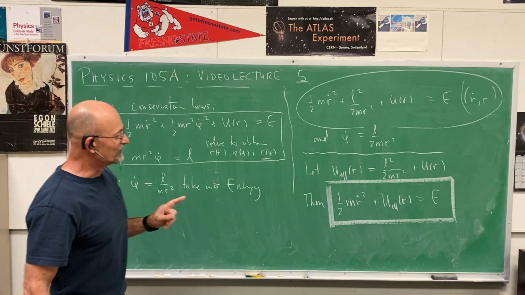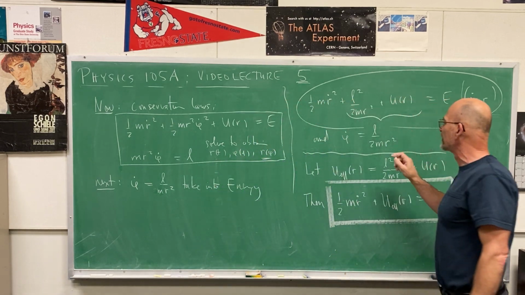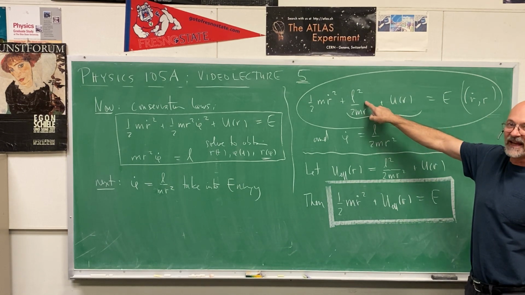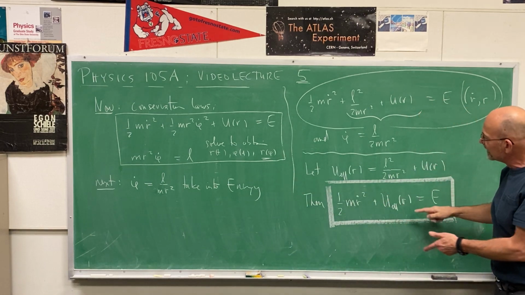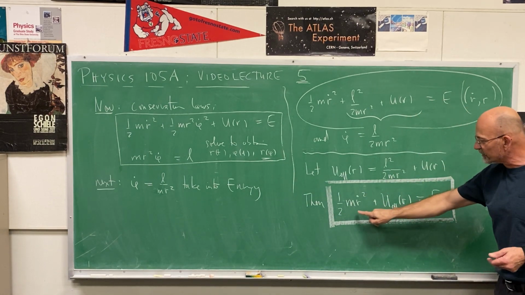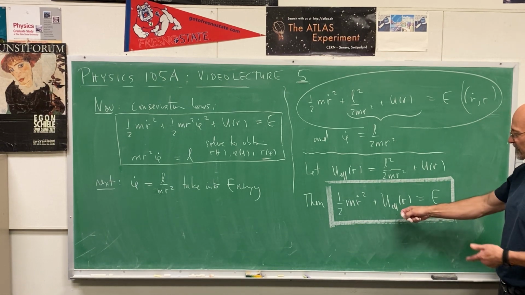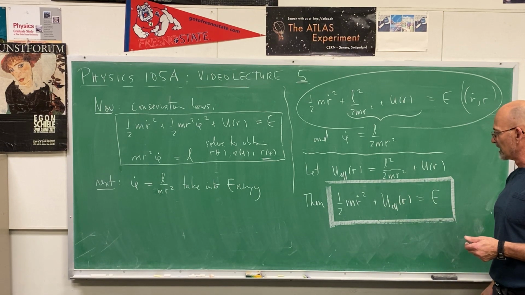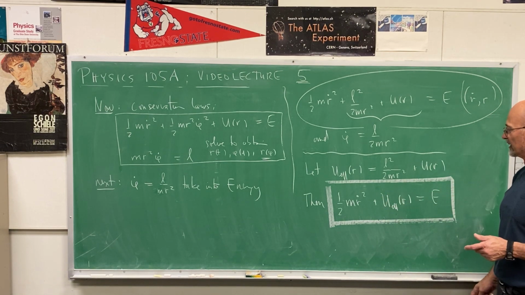This is a point that, experience shows, takes people a little time to get used to. This came from the kinetic energy. It's not part of the original potential energy. Formally, this expression looks like a one-dimensional problem with a potential energy. So what we're going to do next is analyze a couple of these and see what happens.